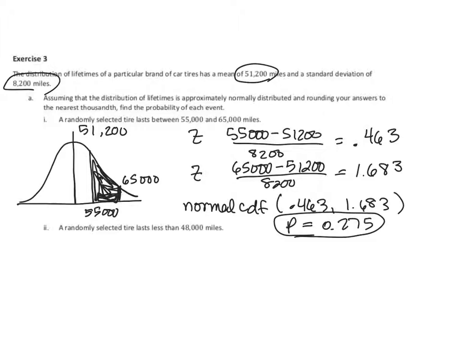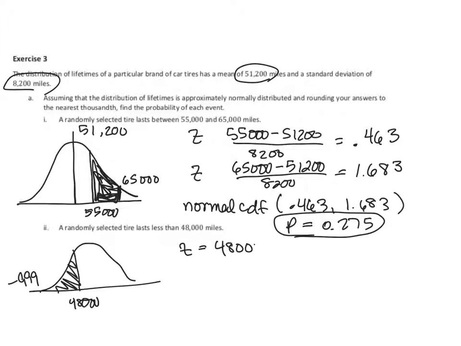Okay, how about a randomly selected tire lasts less than 48,000? So right here, we have 48,000, and we're trying to find this one. So that means we're going to use the negative 999 in our normal CDF. So let's find our z-score for 48,000. Excuse me, it should be negative, right? 48,000 minus 51,200 all over 8,200.